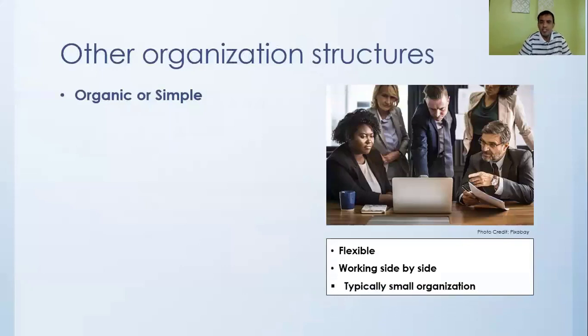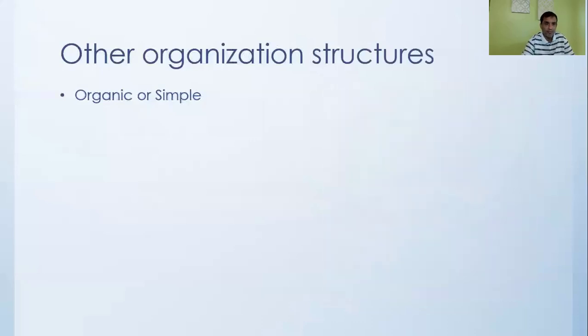They work side by side, and it is typically a small organization. So as they're growing, they are organically developing the structure. In this organization you'll typically find very few procedures and policies and bureaucracies and all that kind of stuff that is otherwise required for a big organization.